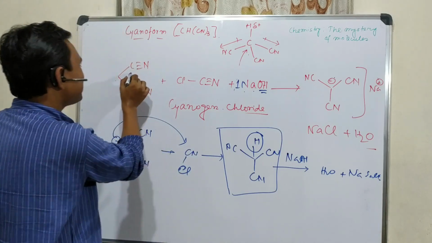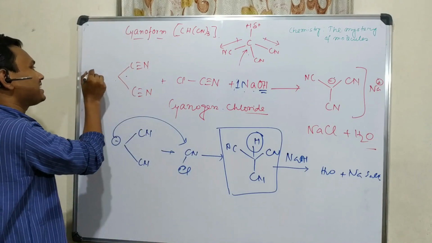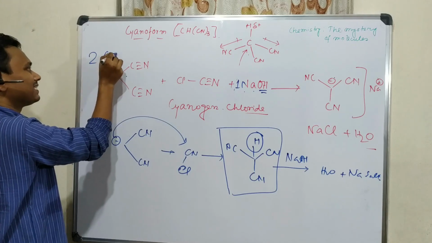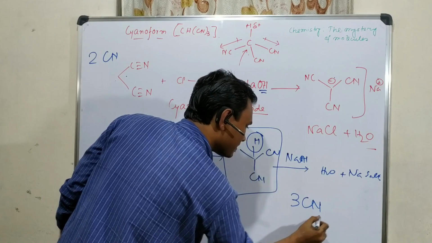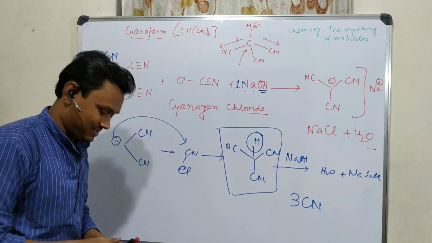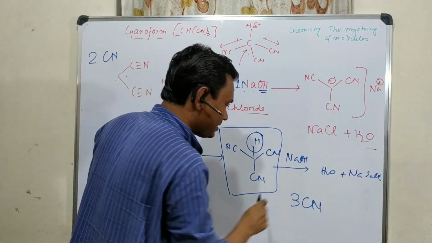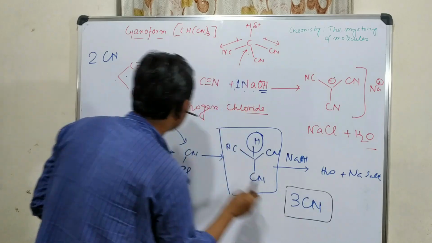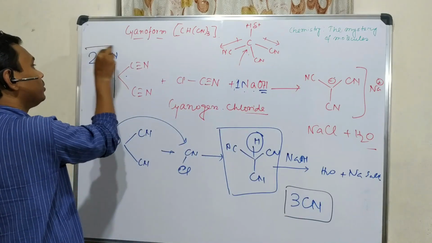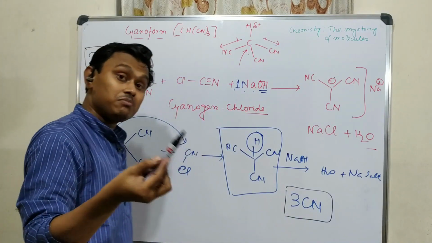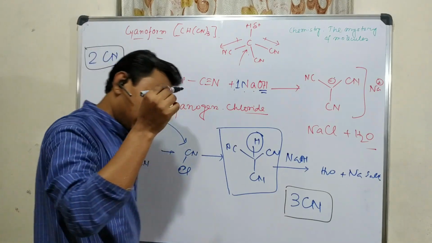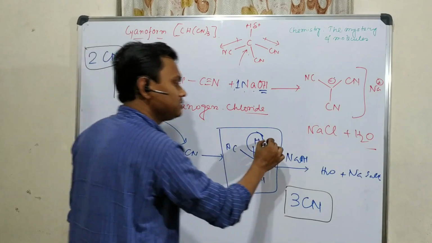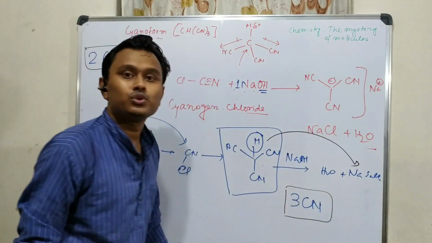But here we are generating a carbanion attached to 2 cyano, and here we are generating a carbanion attached to 3 cyano. So this is the difference. Means this carbanion is more stable compared to this because of the pK value. You know, 11 versus -5, extremely different. So 2 cyano, 3 cyano. So at that time it will be produced and instantly converted into this one, the sodium salt.